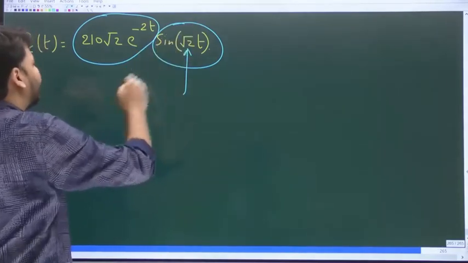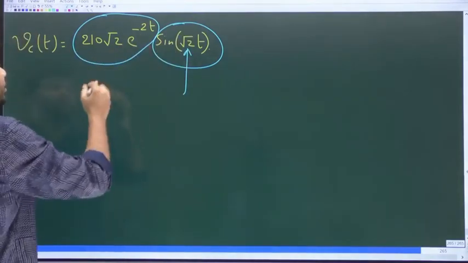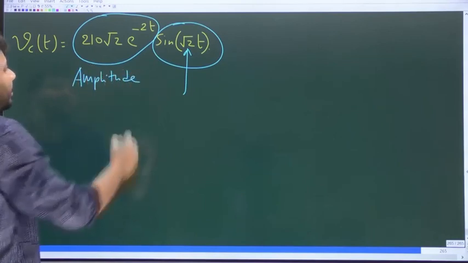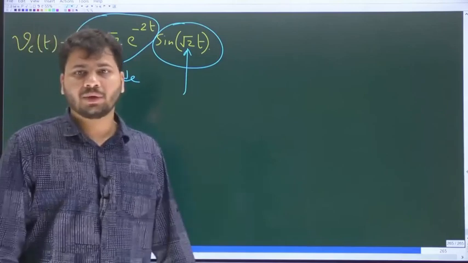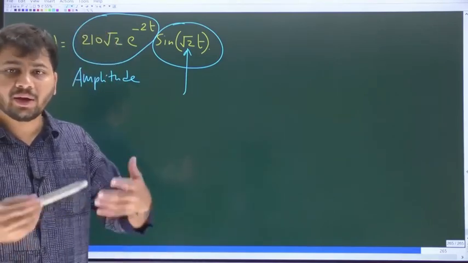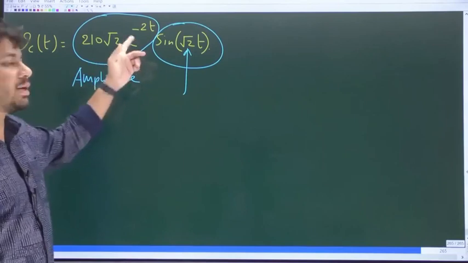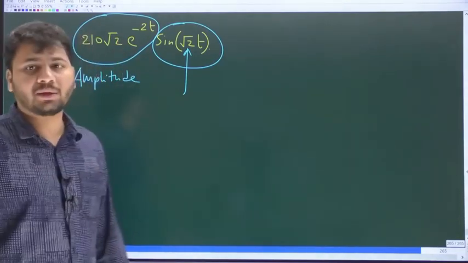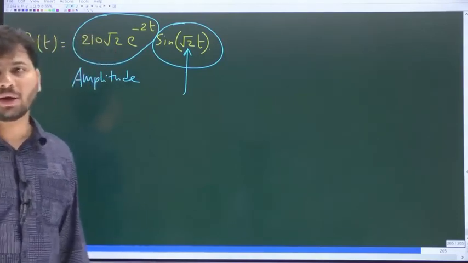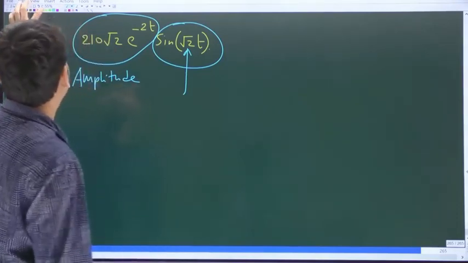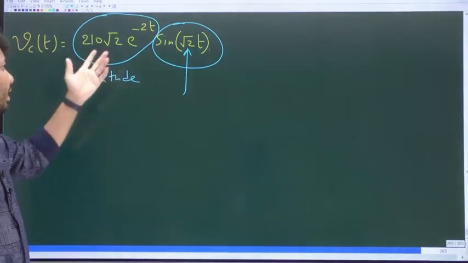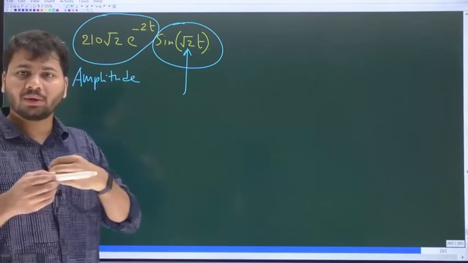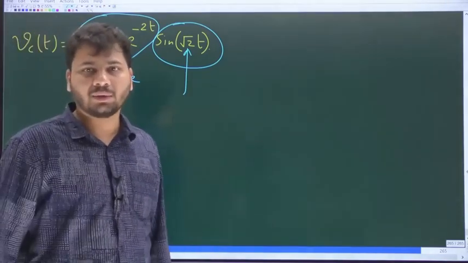Now for the sine function, this 210 root 2 e power minus 2t is like the amplitude of the sine function. But is the amplitude constant or decaying with time? Amplitude contains e power minus 2t, which will decay with time. That's why the amplitude of oscillation will exponentially decay with time. So after a long time e power minus 2t will decay to 0, the amplitude becomes 0, and there will be no more oscillation in the circuit.